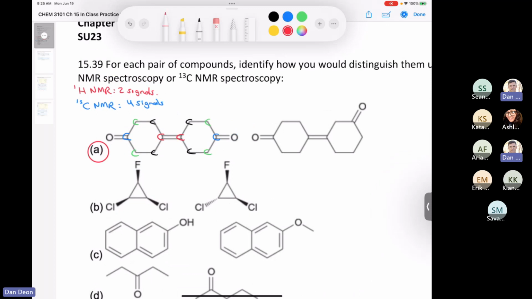So now if we do the same exercise over here for proton NMR, are there any planes or axes of symmetry in here? There's none. There's no symmetry in this molecule whatsoever. And so for the proton, we're going to get a unique signal here, a unique signal here, a unique signal here, a unique signal here.